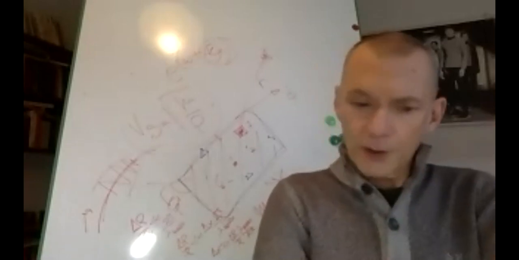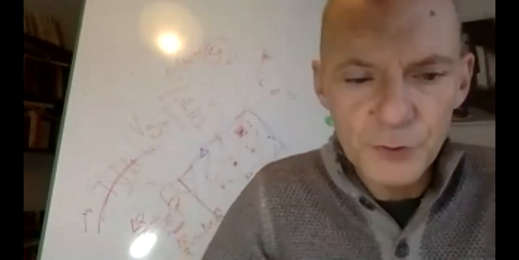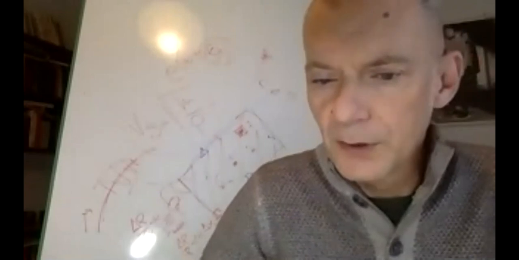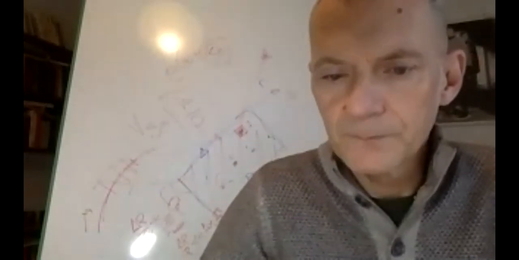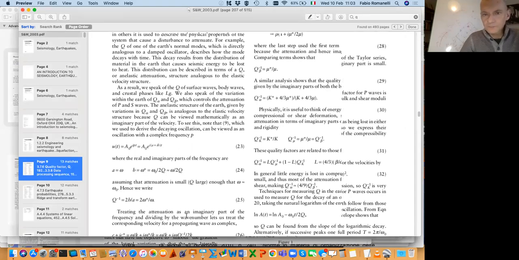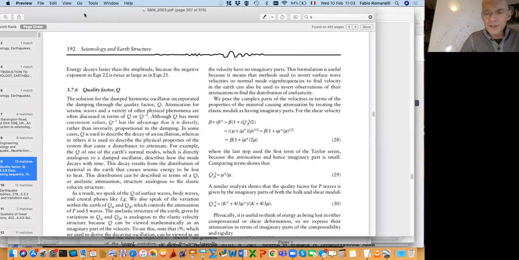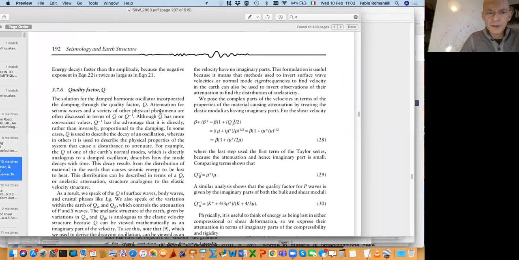Going back to your homework, some of you have been writing to me this morning, but the solution is relatively simple. Okay, let me share my screen. So this is page 192 of the Seismology textbook.